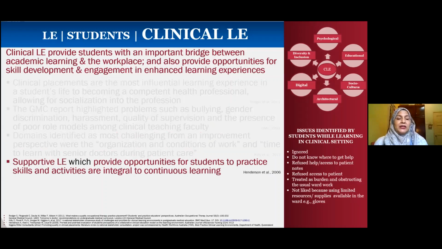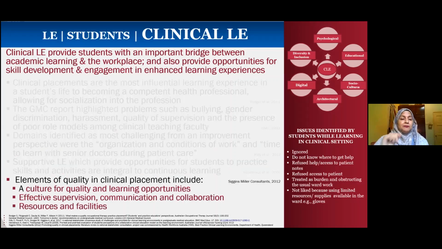The supportive learning environment, which provides opportunities for students to practice skills and activities, is integral to continuous learning in the clinical environment. And elements of quality of clinical placement include the culture for quality and learning opportunities, which should be given to the students. Effective supervision, communication, and collaboration should be the hallmark, and the resources and facilities will be there.